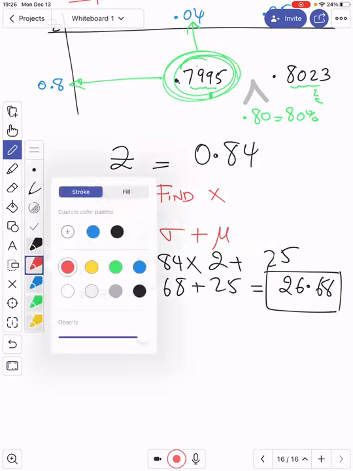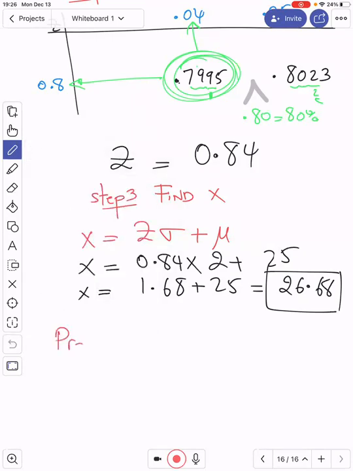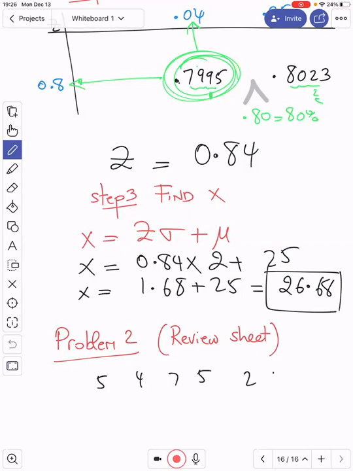So we have this problem 2 in the review sheet. Okay, so we have 8 numbers, right? You have 5, 4, 7, 5, 2, 5, 8, 5.